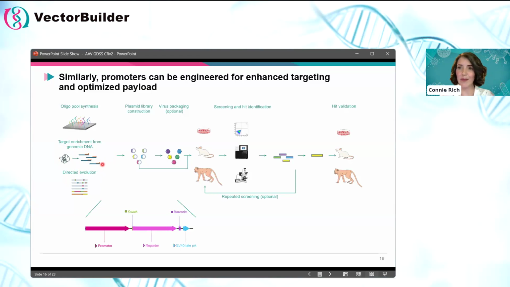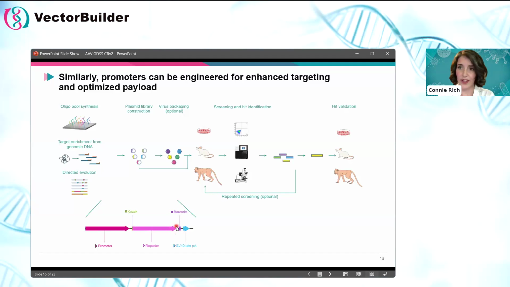Or you can take an in-between approach and use directed evolution, that is things like family shuffling and more specific modifications to those existing promoters. From here, you construct a library. For instance, you have your promoter variant upstream of some reporter.